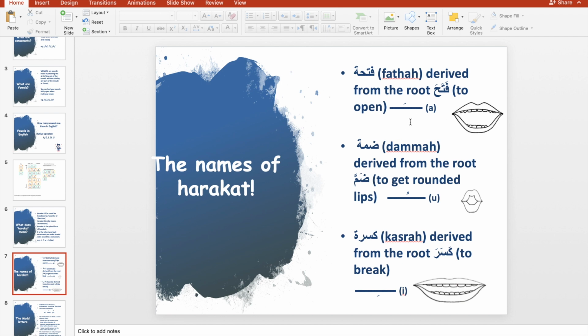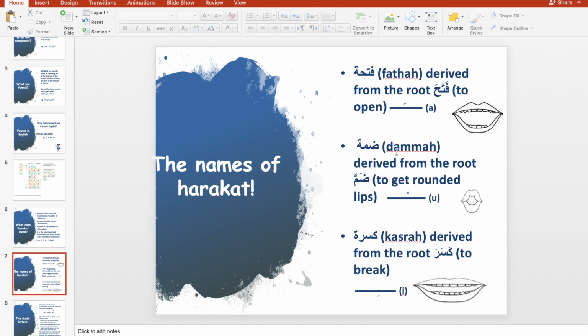The little sign we use to indicate fatha is a small dash. Interestingly, when we create fatha, we use the upper part of the mouth. That's why this small dash is placed above the consonant.